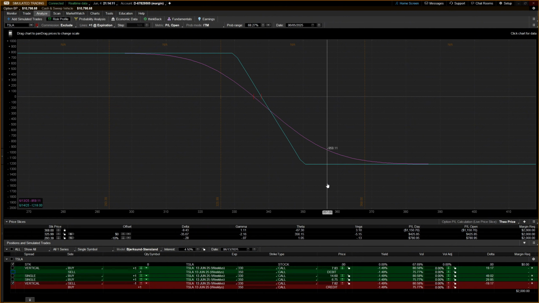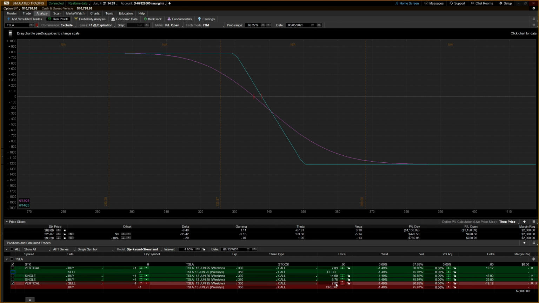Same thing: you're going to have a max loss and a max profit. However, with a credit spread, you are actually collecting this money right off the bat. So you open the trade, you collect $7.82, and that is going to be your max profit. That is the max money that you can make.